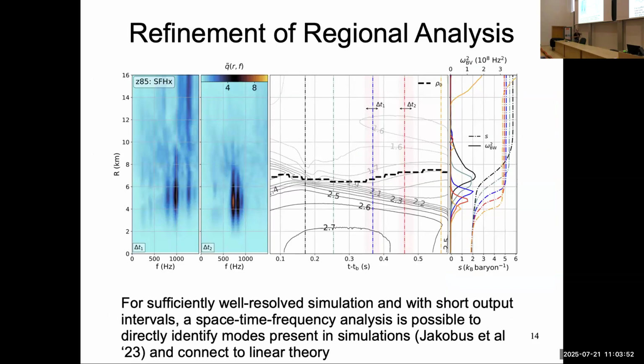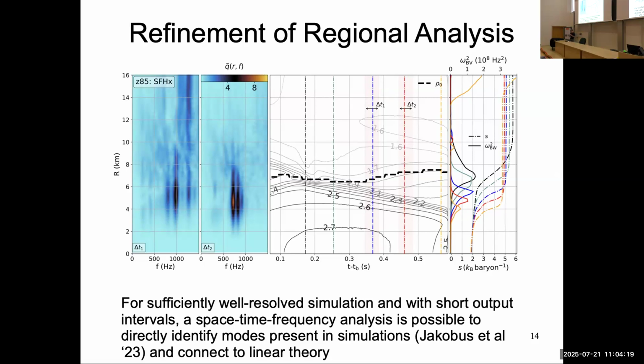I think we're actually proceeding a bit further in that recently, because some simulations, especially in spherical symmetry, are now so mature that you can effectively do a time-space frequency analysis and really try to extract your eigenmodes almost directly from the simulation and see where emissions are coming from.